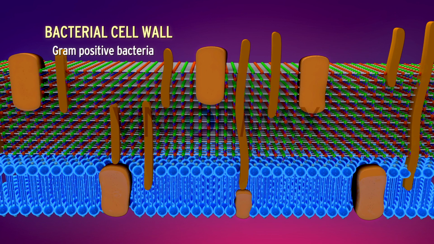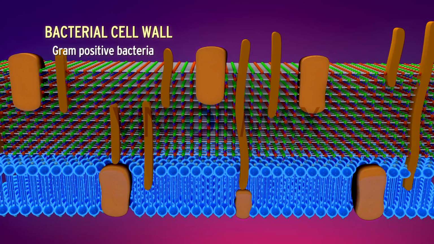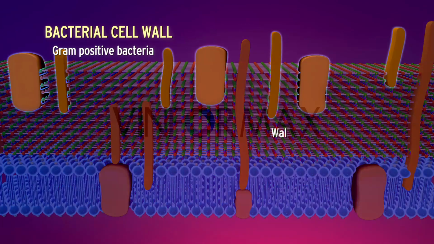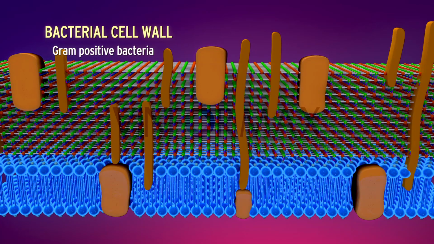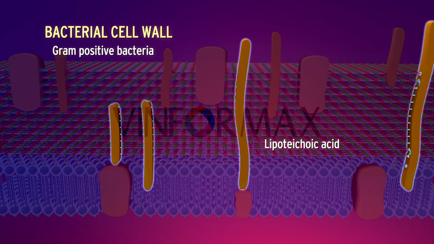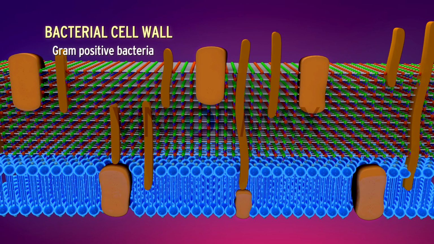The cell wall also has teichoic acid, which can be of two types: wall teichoic acid linked to peptidoglycan and lipoteichoic acid linked to membrane. Some gram-positive bacteria may lack wall teichoic acid, but all contain lipoteichoic acid.